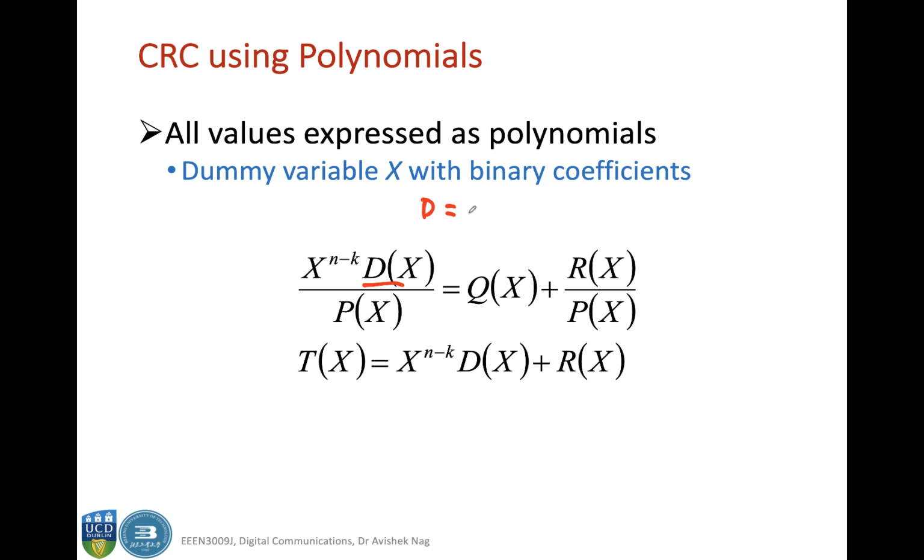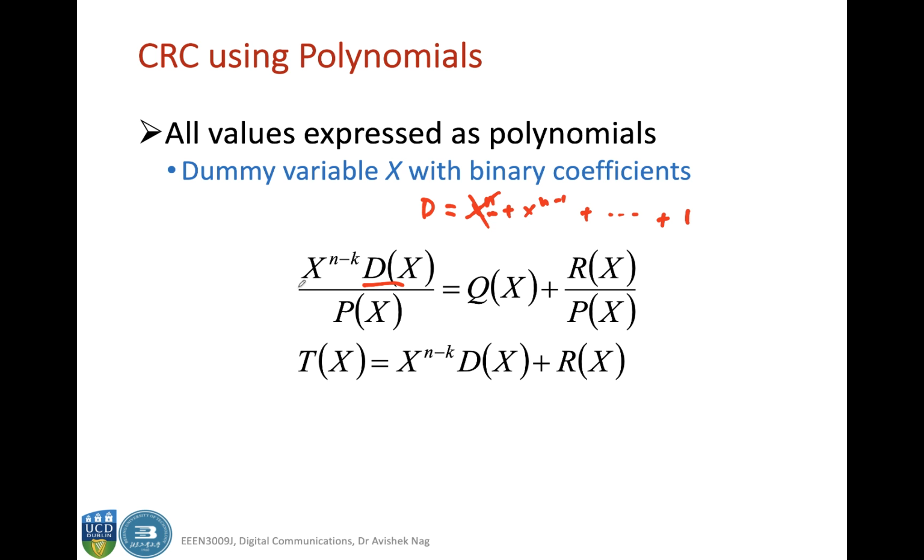So you can write the message as a polynomial of x, like x to the power n plus x to the power n minus 1 and so on. So if this bit is 0, then this term is suppressed. If this bit is 1, then this term remains here. So that's how you represent using a polynomial.